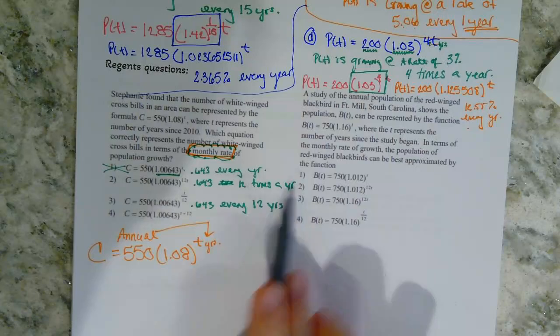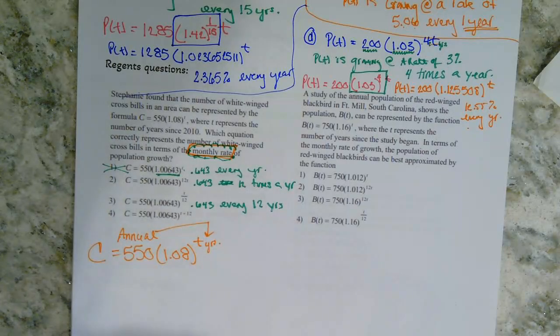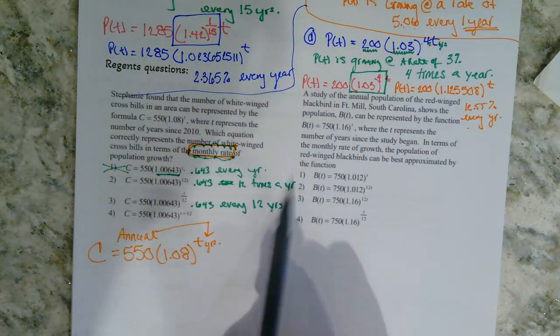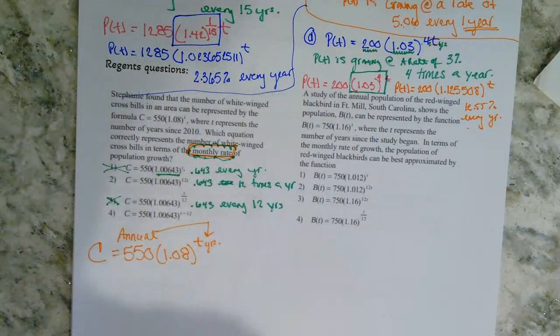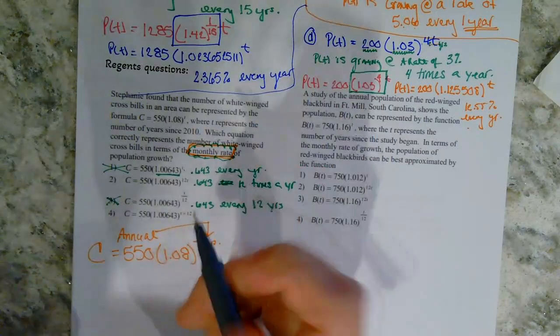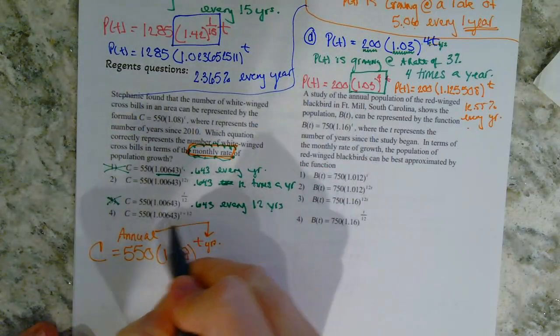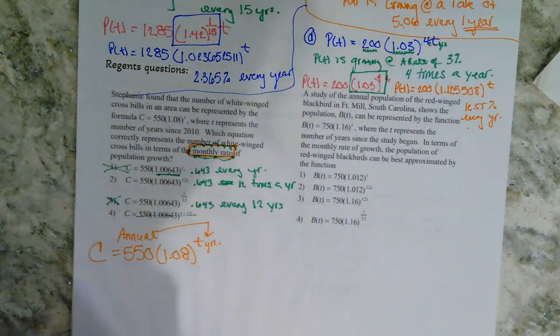If something was going to happen monthly, would it happen 12 times a year or would it happen every 12 years? I'm hoping you're eliminating every 12 years. That would not be monthly. Monthly would be 12 times a year. For t plus 12, that just doesn't make any sense.